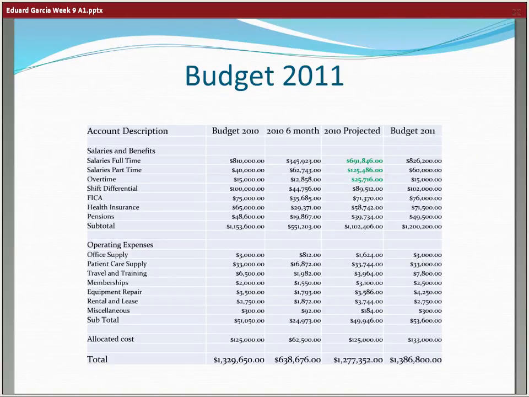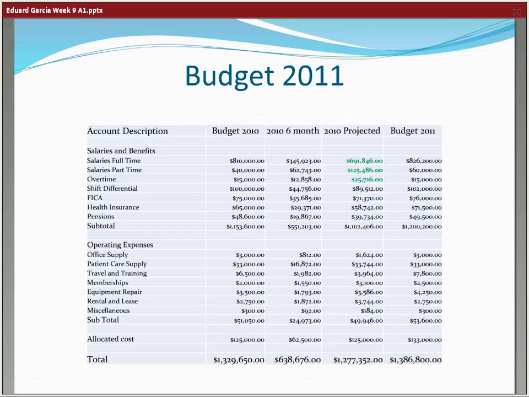But based on the projected number of 2010, we actually can do an adjustment to these numbers if all the other amounts stay at the same level. When I say amounts, I refer that the same people will work at the full-time, part-time, and the overtimes, and the same amount of services will be provided by the nursing department.